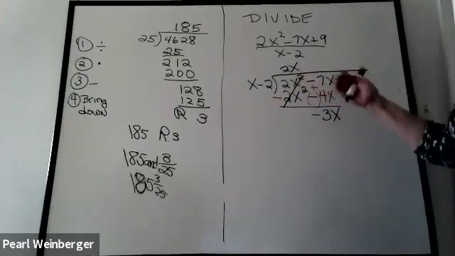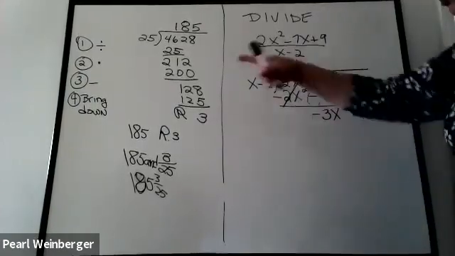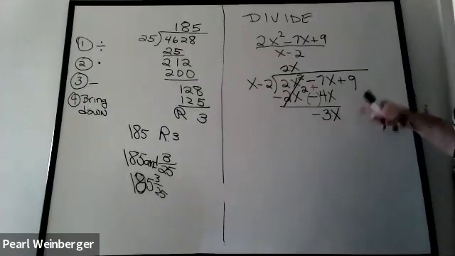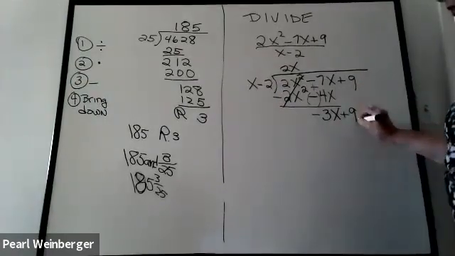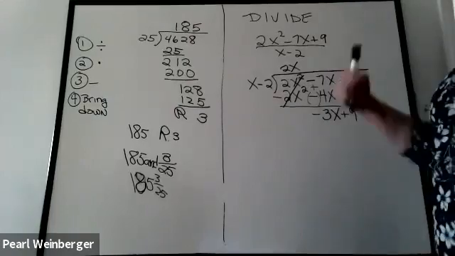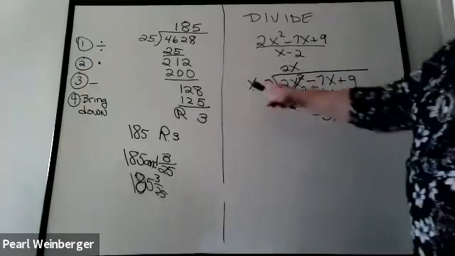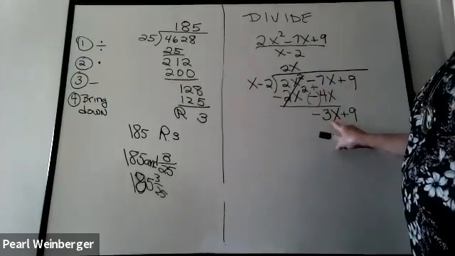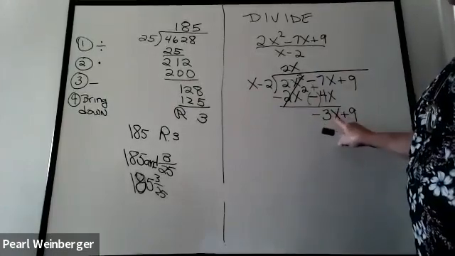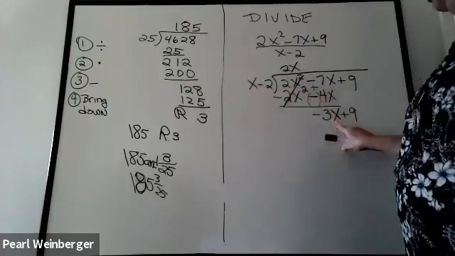Okay, so now we did our subtraction. We do the fourth step, which is bring down the next term, which is the +9. And start the process all over again. Take the x, the first term, and divide into the -3x. First term into first term.